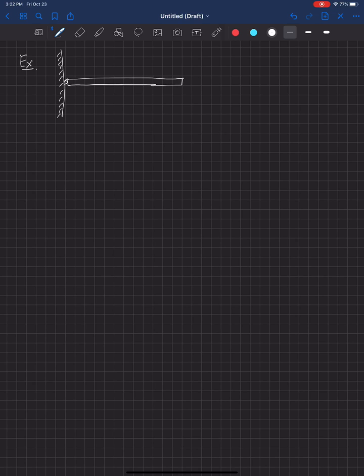And suppose there is a cable over here at a distance x from the wall and from the axis, therefore from the axis.